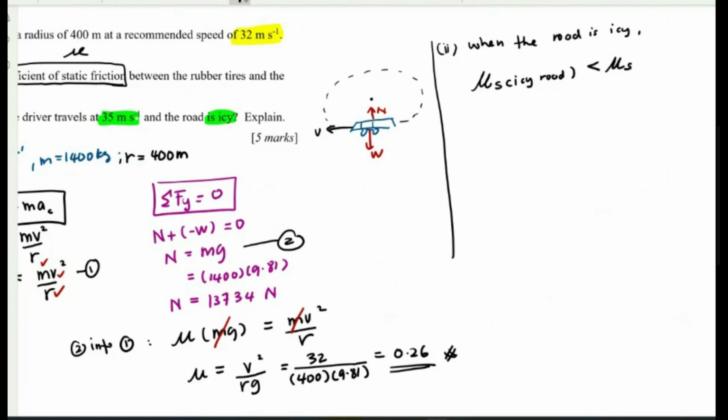Jadi, in this case, if V, okay, the speed ataupun velocity of the car is 35 meter per second, which is bigger than recommended speed.